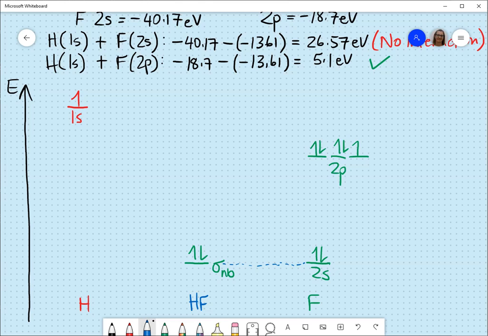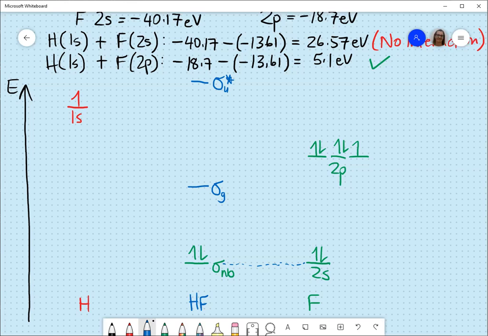Okay, so we can draw an interaction that is somewhere down here. That is a sigma. It's a bonding interaction. So it's a sigma as a result of s and p, and it's obviously gerade because it's bonding. Okay, and then the sigma star is somewhere up here, and that'll be ungerade.